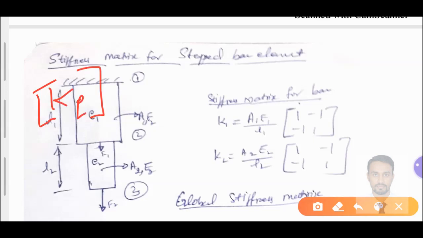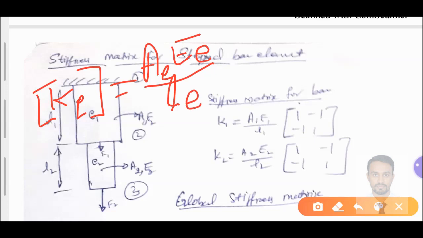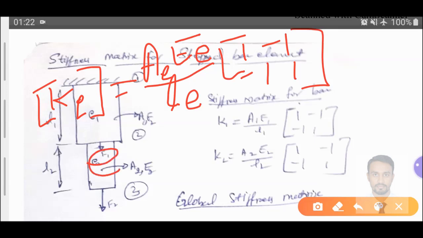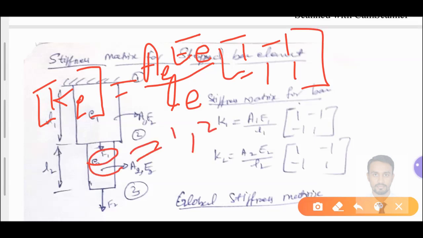K suffix e we will take as a general equation: A suffix e E suffix e divided by L suffix e times the matrix [1 -1; -1 1], where e equals 1, 2, 3 and so on. e means the number of elements, 1, 2, 3 till n. For the given problem, e equals 1, 2 since it has two elements.